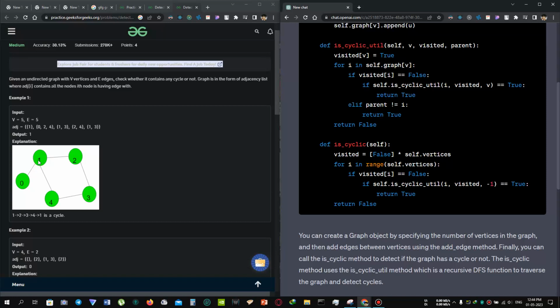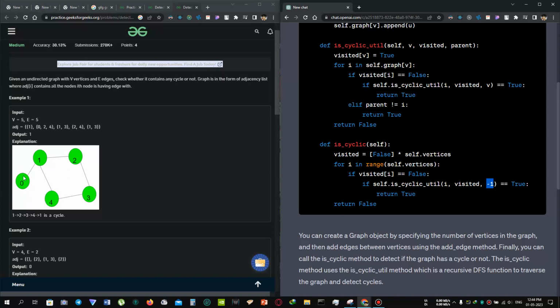From 0 to 1, how will we find the cycle? The idea is something like this. You start from 0 and you mark its parent as -1, because you are starting from 0, so you are not coming from anywhere.